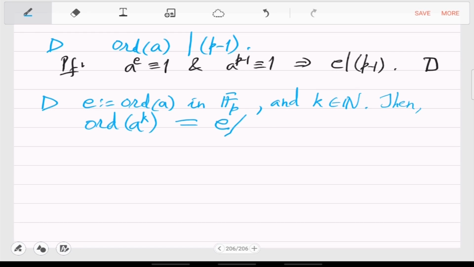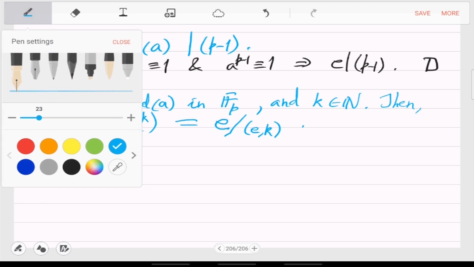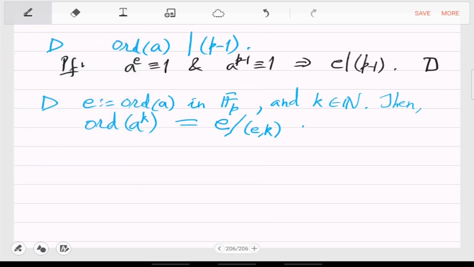And if e is odd, then e will be the order. So what you will get in general is e divided by the GCD of e and k. So when k is co-prime to e, the order doesn't change. But if it shares a factor, then you can save on that GCD.